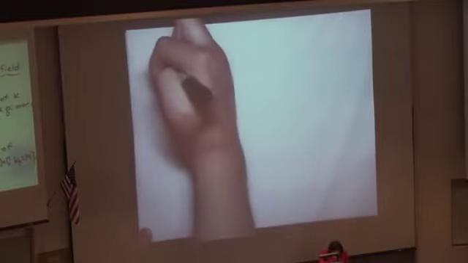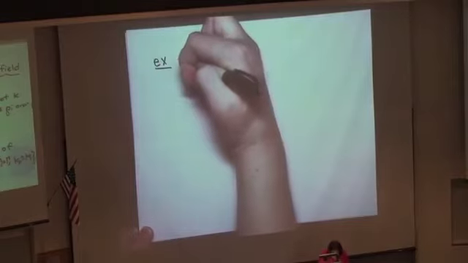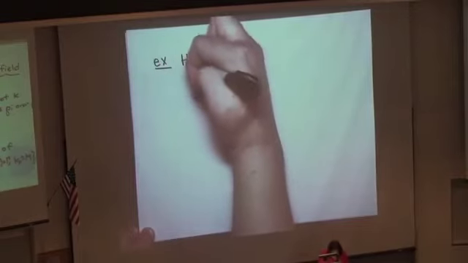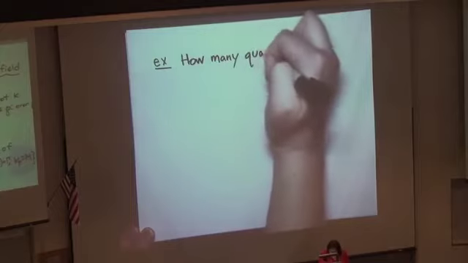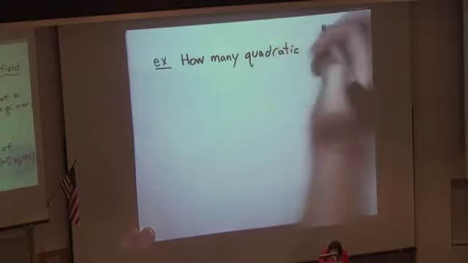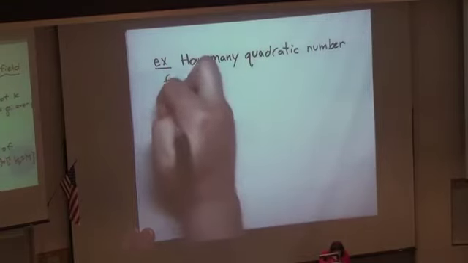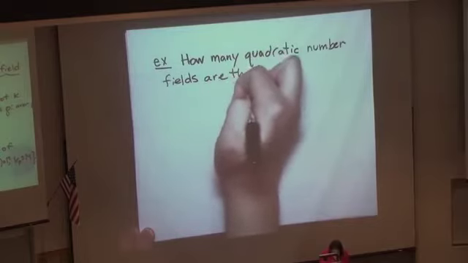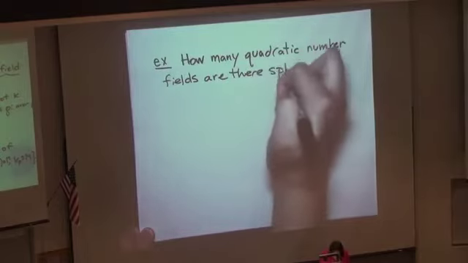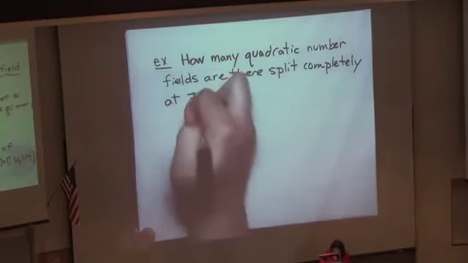So, for example, here's a very concrete classical example. How many quadratic number fields are there split completely at 7?